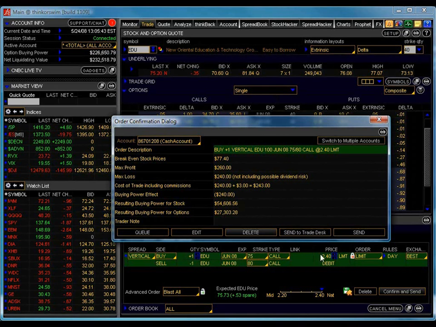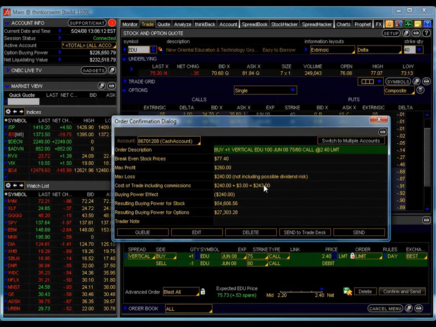So when you look at the price of an option, or in this case the price of a spread, you would take the $2.40 that you're paying for the contract and multiply it by 100 to determine what your actual cost of that option, or in this case the spread, is. And that's why we're paying $240 and not $2.40.